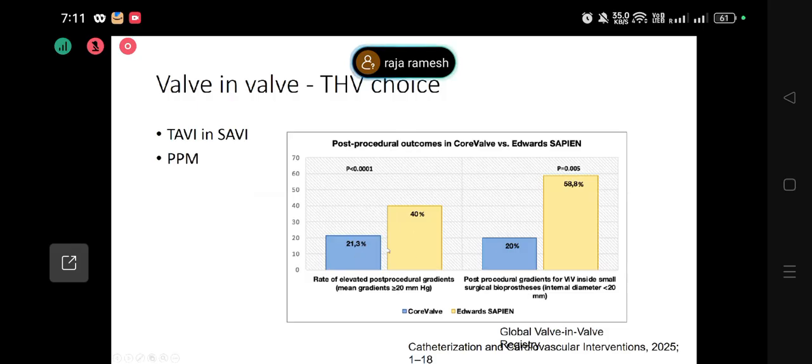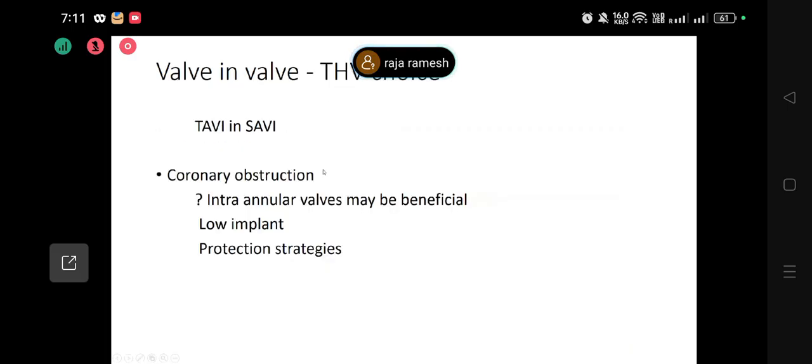This is the difference between the self-expandable valve and a balloon expandable valve in terms of gradient: the self-expandable valve achieves better hemodynamics in TAVI in SAVR than a balloon expandable valve. The other problem is coronary obstruction. So choose a balloon expandable valve if you are able to. If you want to choose a self-expandable valve, implant at a lower level, or choose one of the protection strategies I told you about, like chimney stenting or the BASILICA procedure.